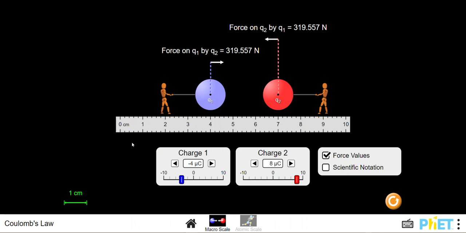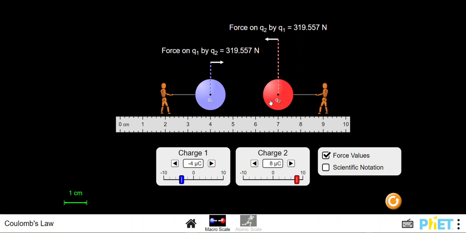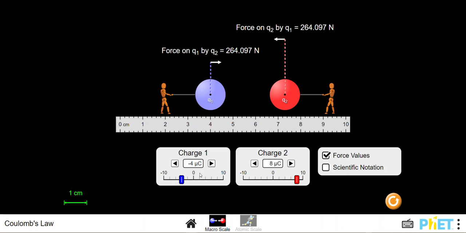You can see there's a couple things that I am shown right off the bat. One is distance, down here, and I can move these guys back and forth. Either one moves, as well as I can change the magnitude of the forces. A few things to note. One, this ruler's in centimeters, and the standard unit for distance is not centimeters, so any values we record will have to be converted.